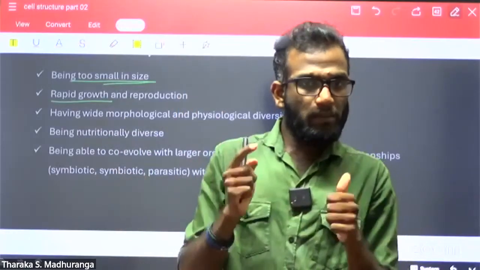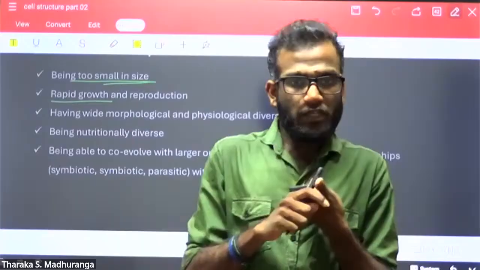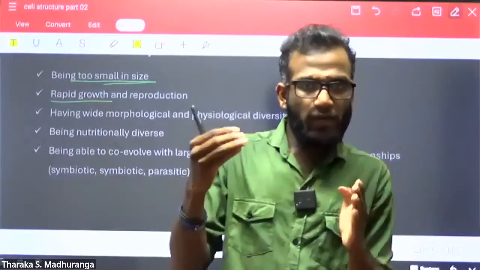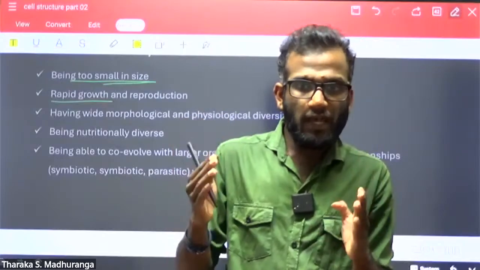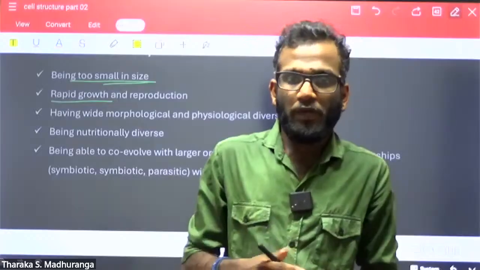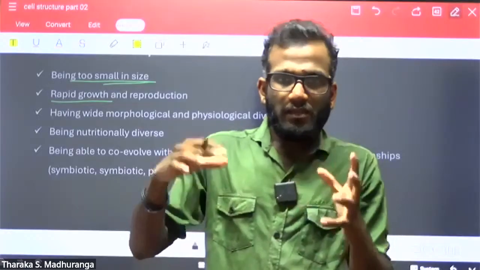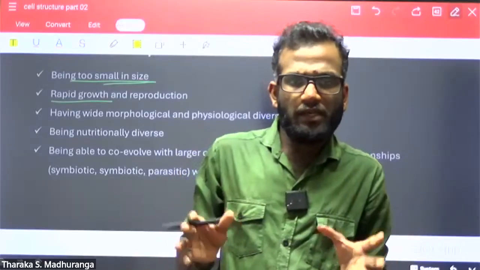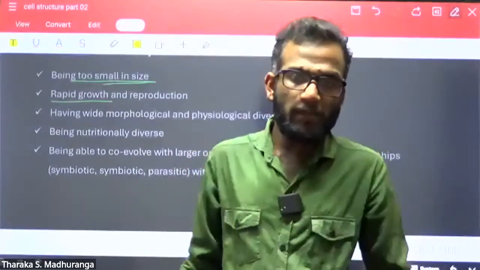You have to remember the definition of microorganisms. What is the definition of a microorganism? Organisms that we can't see with our naked eye, with a body diameter less than 0.1 millimeter, and microorganisms can live in every environment on the earth, even in abnormal environments.